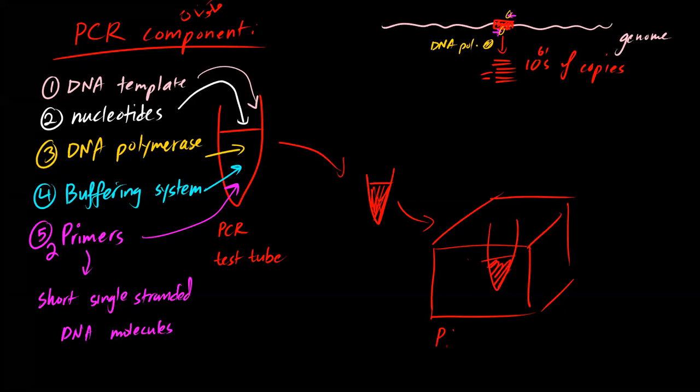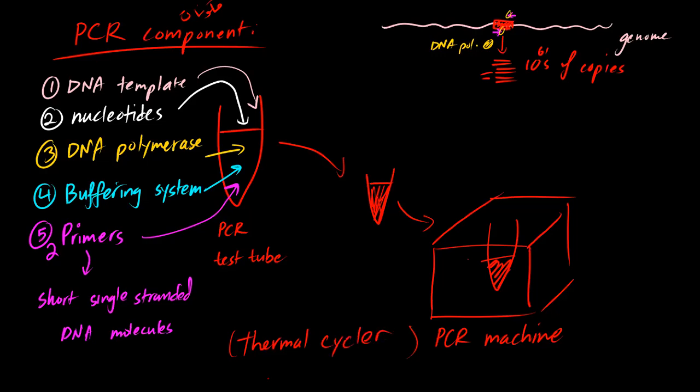This is the PCR machine, or actually it is called a thermal cycler. The word thermal means temperature.